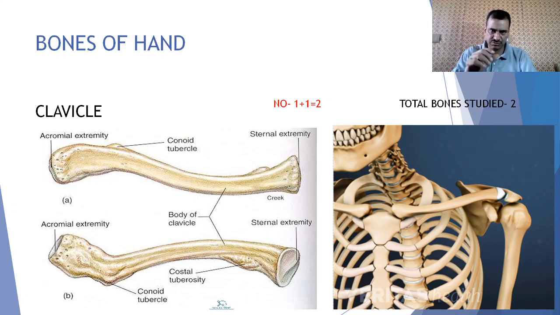So at our level, we should know four points: the name of the bone which is given, then the type of bone, then the number of bones, how many bones are there, and the location where these bones are situated in our body, and then one or two important features of the bone.